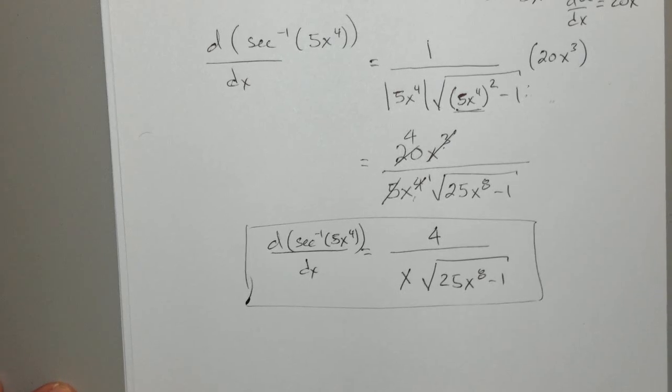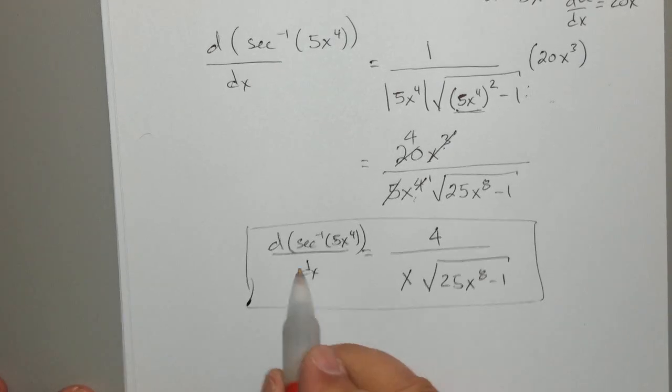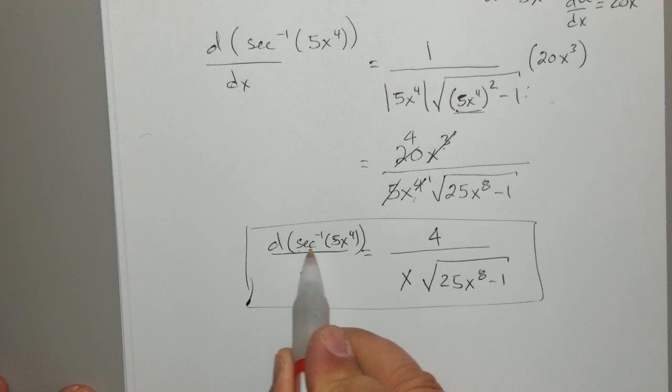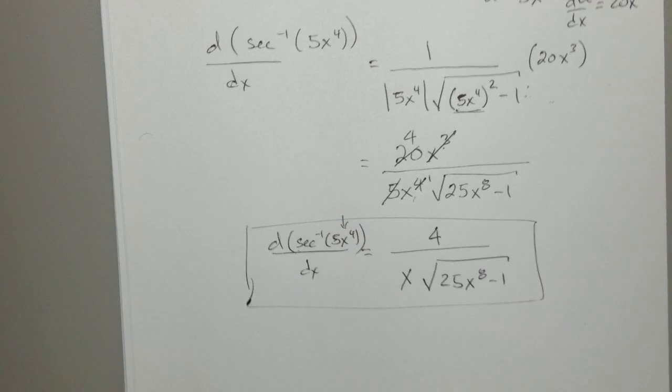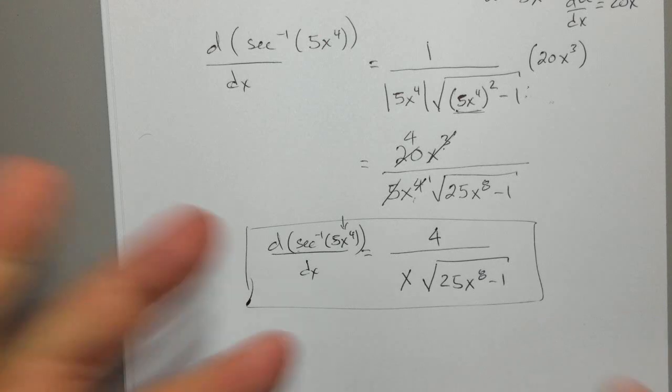Any questions so far? The only thing you really have to do is, once you see what operation it is, if it's secant, tangent, cosecant, cotangent, whatever's after that, that's your u. And take a derivative of that, and just plug and play.